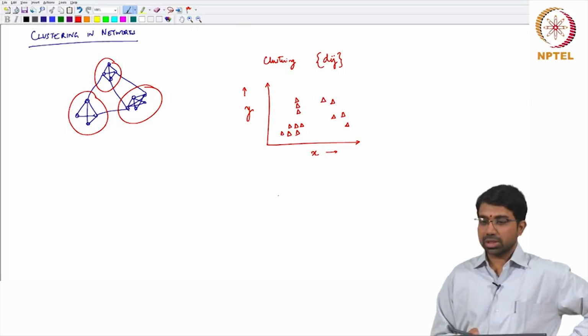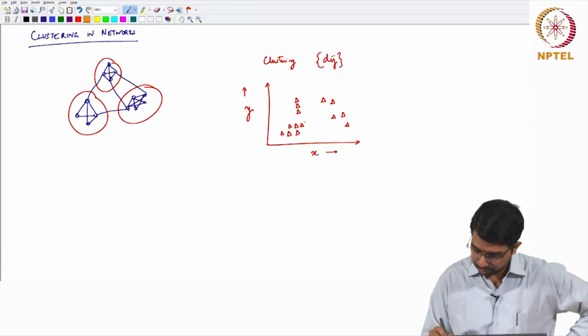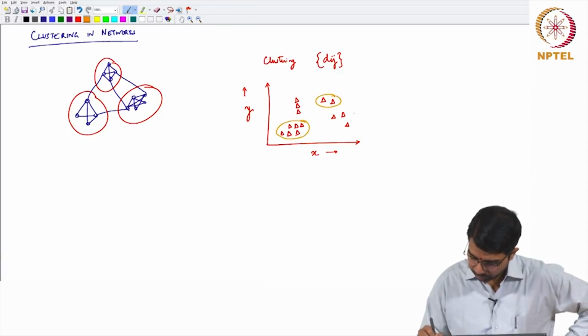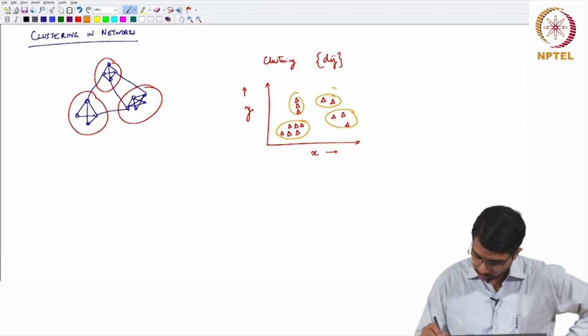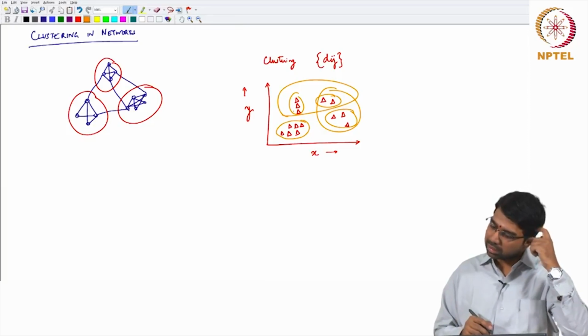So, you may end up clustering this in different ways. One possible clustering could be this, or maybe this becomes a cluster, or maybe this becomes a cluster. So, you could have different types of clustering.